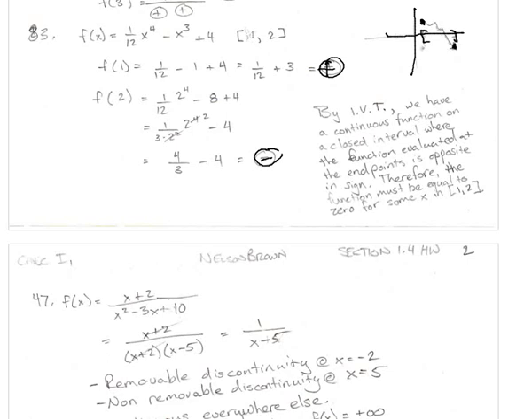And if it's continuous, that means that if I start at my positive value, I have to cross the x-axis at least one point between the endpoints of my interval. So therefore, I can say that there's a root somewhere between 1 and 2.